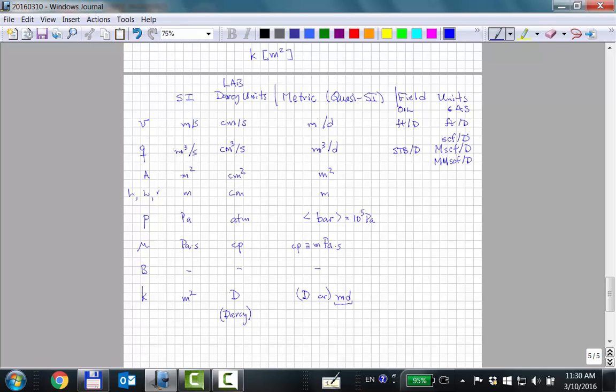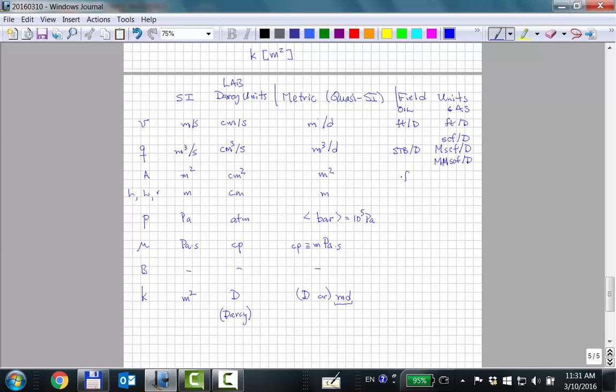Okay? The paper by Fetkovich that you're going to be reading uses MSCF per day, 1,000 standard cubic feet per day. Okay, that's what he uses. So you've got three different ones, and then million is the more day-to-day. We talk about, that well made 3 million a day, 3 million standard cubic feet per day.